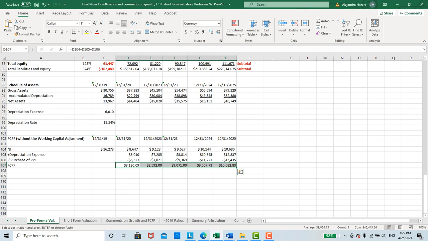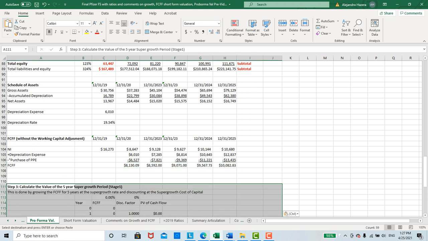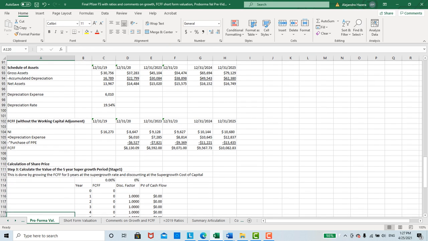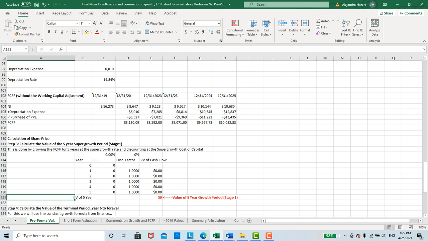So we'll calculate it down here, and I'll put here calculation of share price. So this is the fourth section of this thing after assumptions, income statement, balance sheet: calculations.